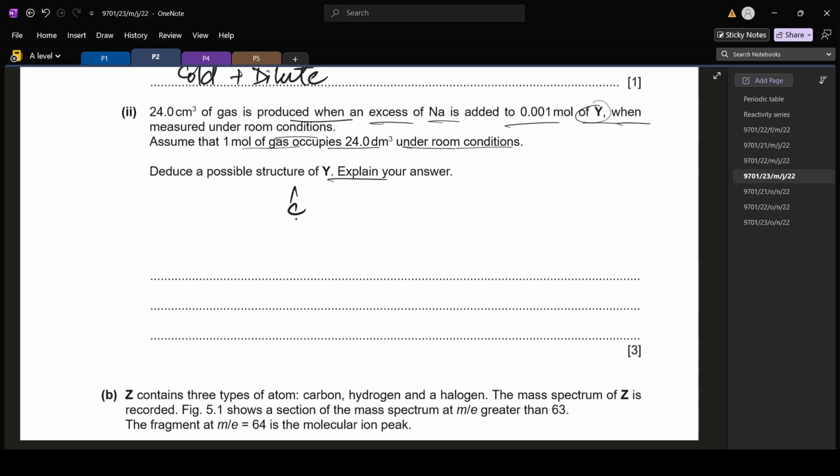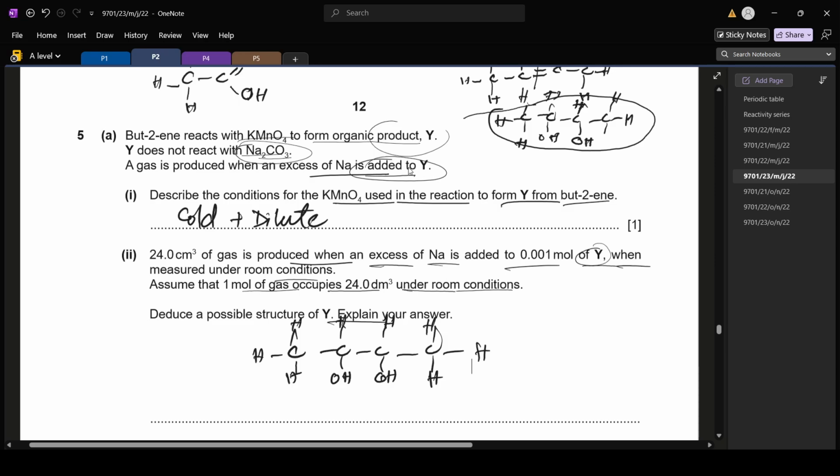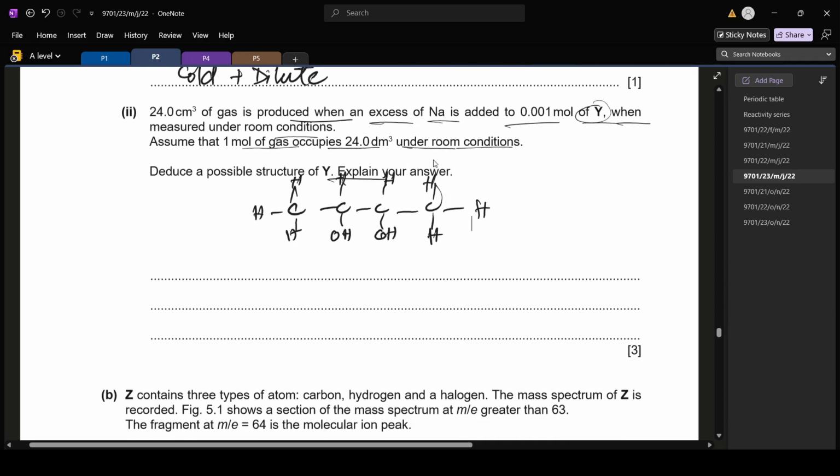This is the structure, and this reaction is called a mild oxidation reaction.